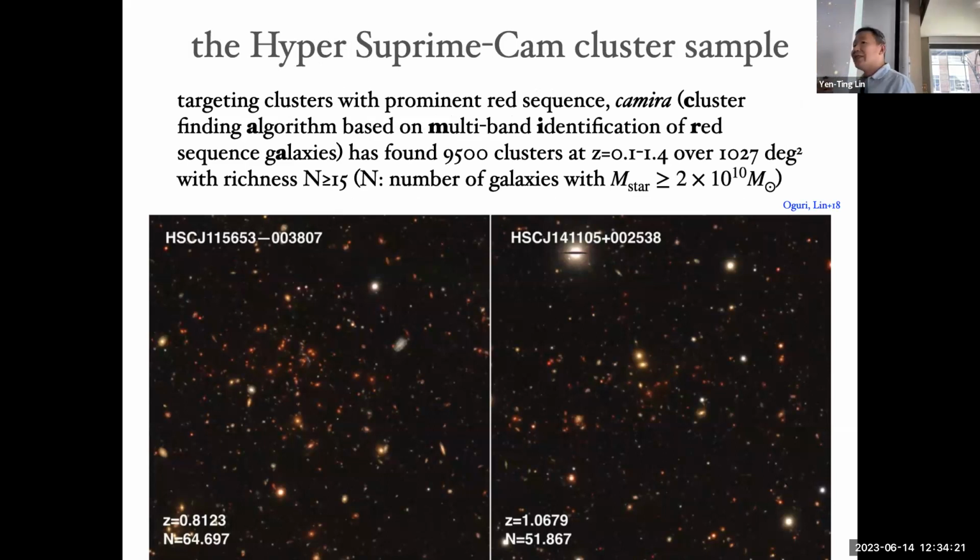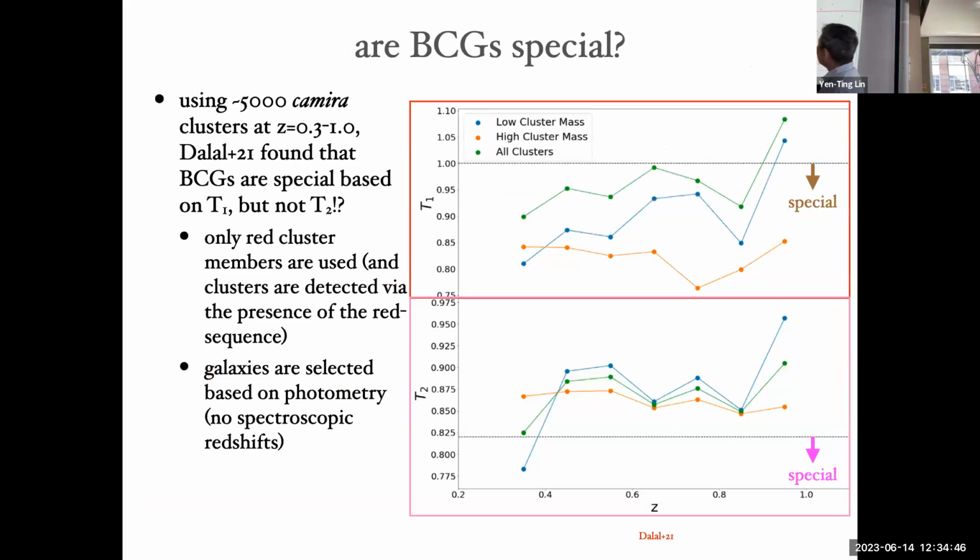Using the red sequence cluster finding algorithm CAMIRA, we have 9,500 clusters at redshift between 0.1 and 1.4 over 1,000 square degrees with richness greater than 15, where richness is defined to be the number of galaxies more massive than 2 times 10 to the 10 solar masses. Using 5,000 CAMIRA clusters at redshift between 0.3 and 1, here's what we found.